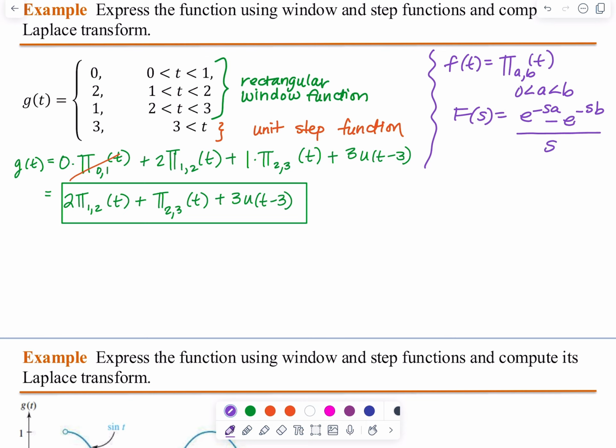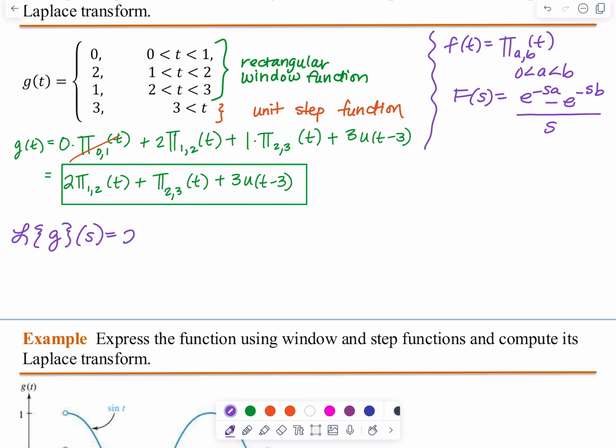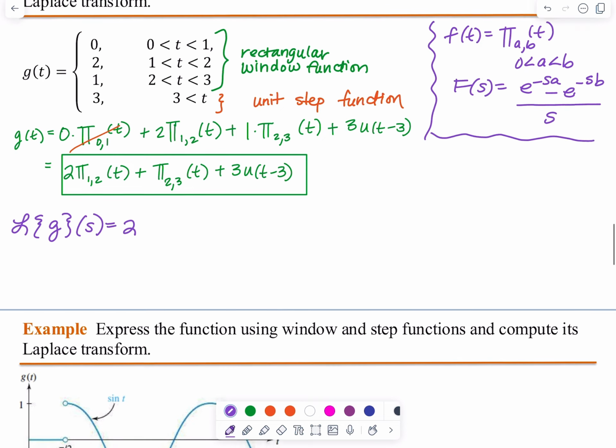So let's go ahead and do that right now. We can say that the Laplace transform of g of s is equal to 2, and let's go ahead and use this Laplace transform over here at the right.